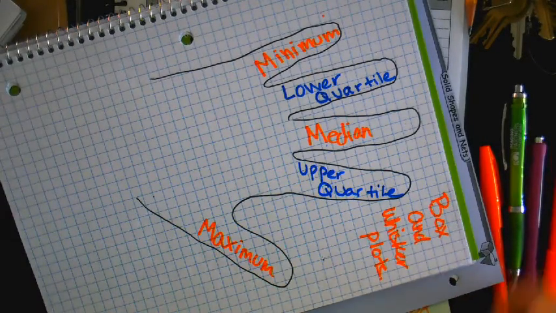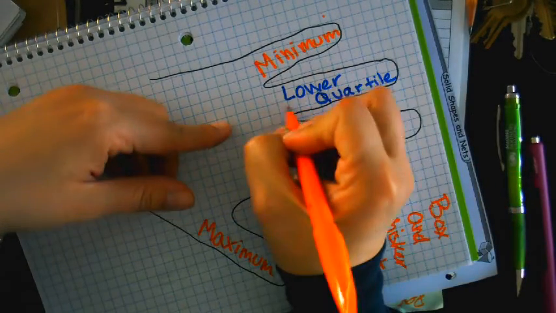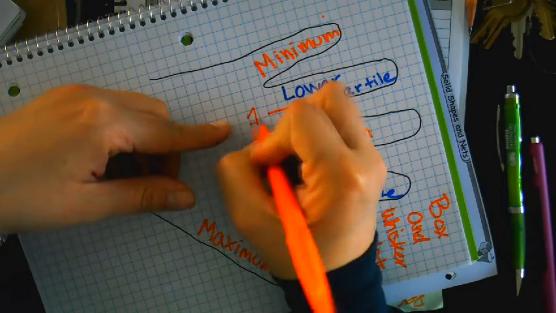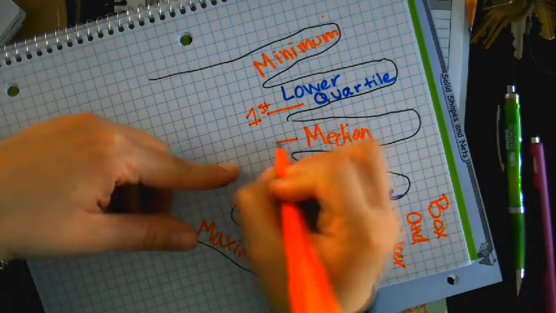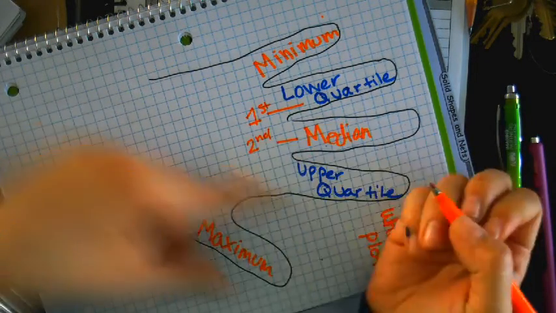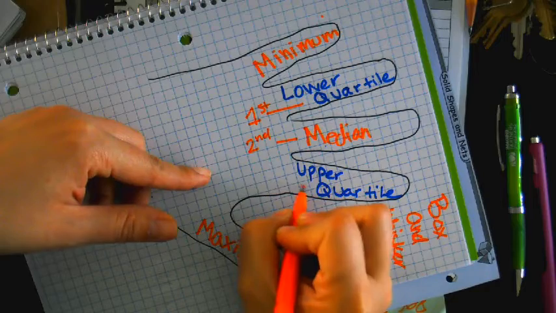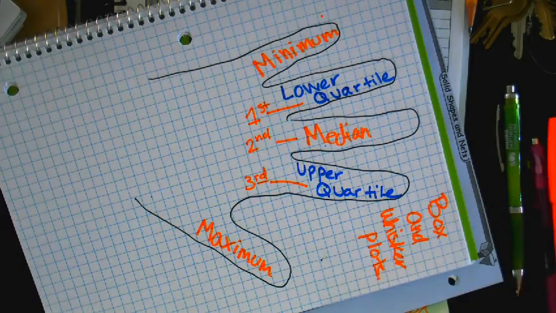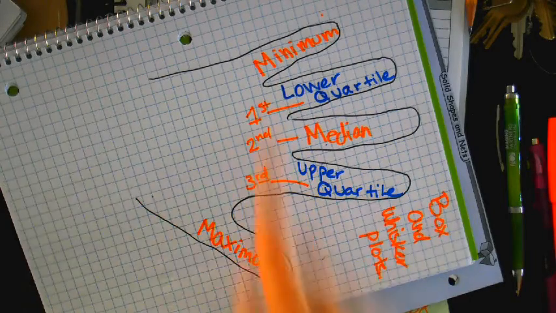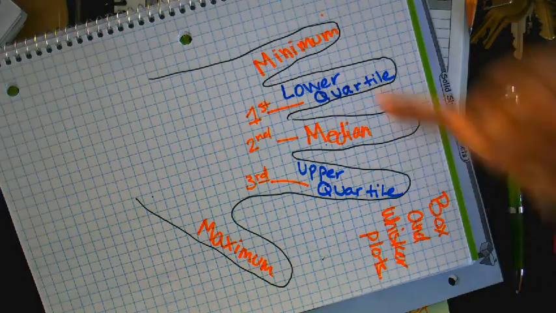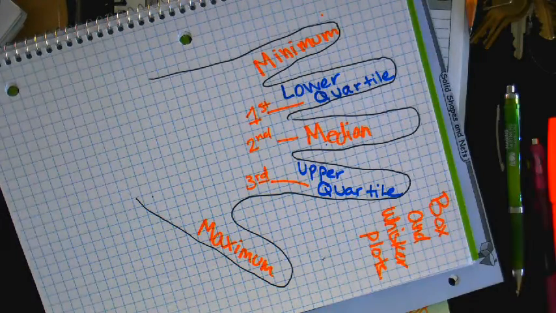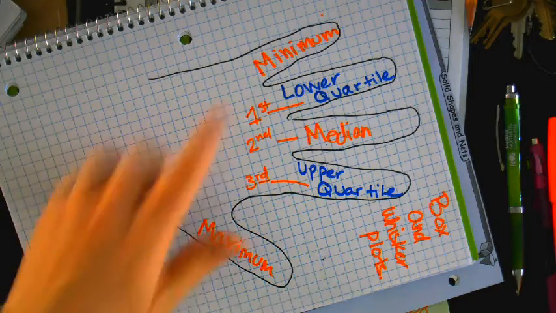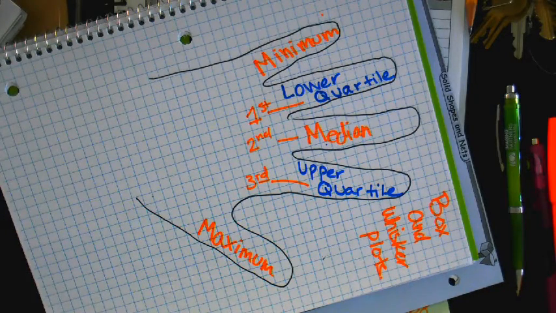Lower quartile is also called first quartile, median is called your second quartile, and upper quartile is also called your third quartile. Depending on who wrote the test or the worksheet, they're called different things. I grew up learning lower quartile and upper quartile, but sometimes I see worksheets that call it first, second, and third, which drives me bananas, but whatever.